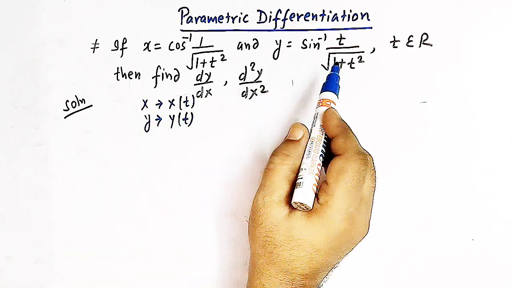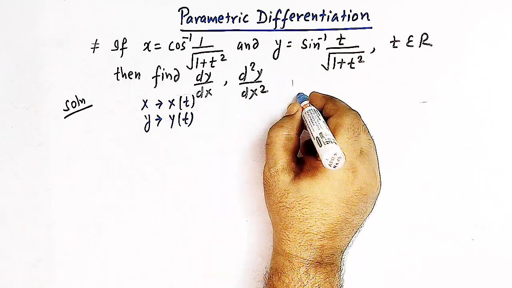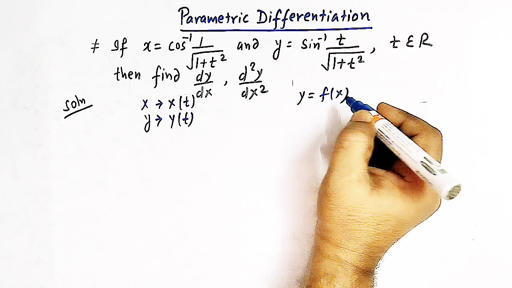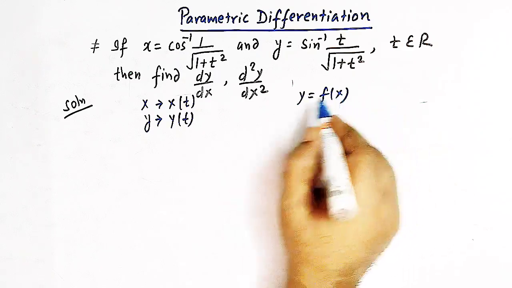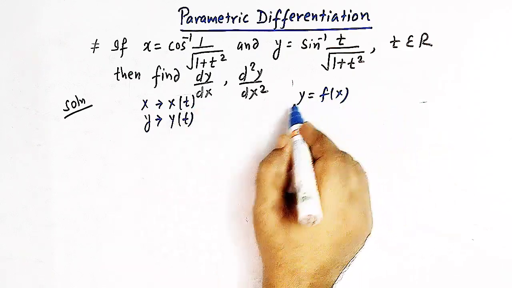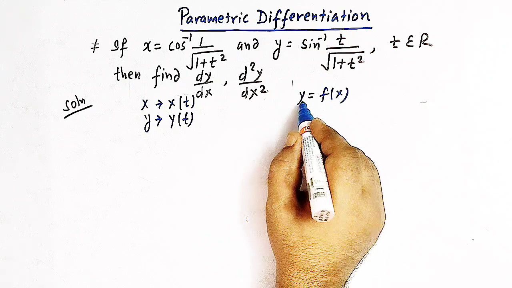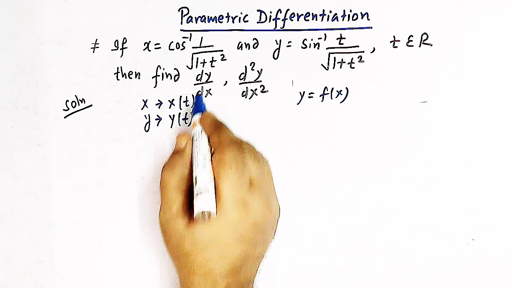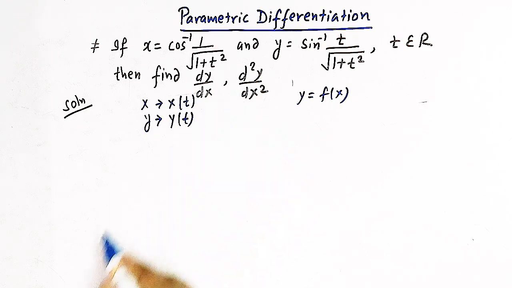Here t is a parameter and we have a function y equal to f of x, where x depends on t and y also depends on t, and further y is a function of x. So let us see how we can find dy over dx and the second derivative of y with respect to x.